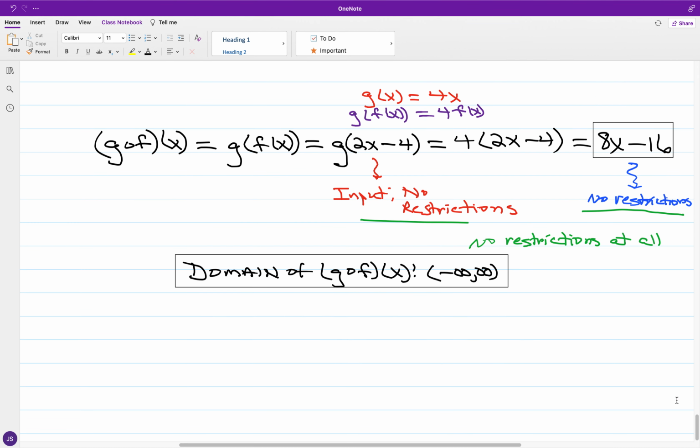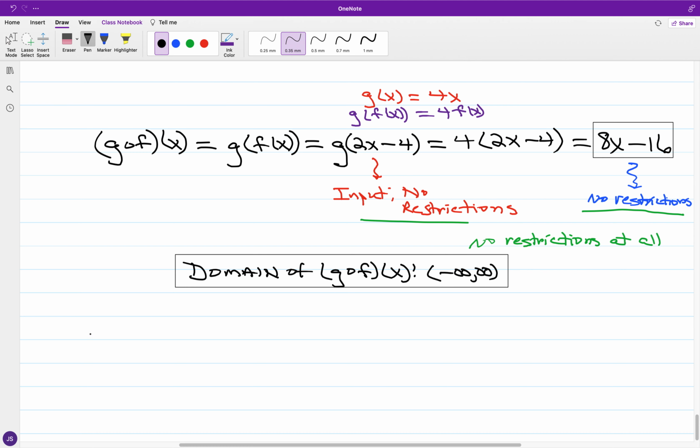And we'll squeeze this in right fast. We'll just go with the first composition.